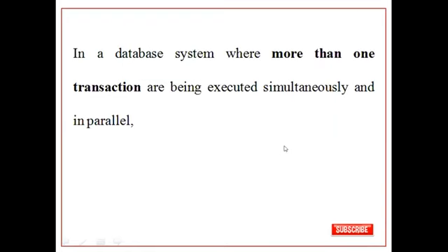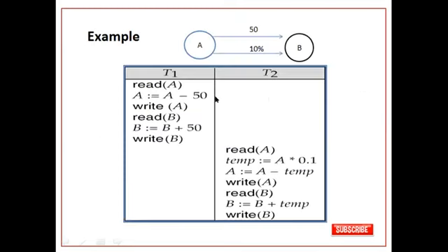So in a database system, more than one transaction can be executed simultaneously and in parallel. In one account, we can perform a single transaction, or more than one transaction parallelly or simultaneously. So if transaction T1 is executing, another transaction should not enter into T1.